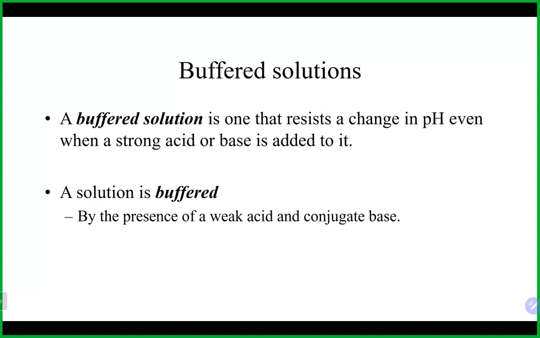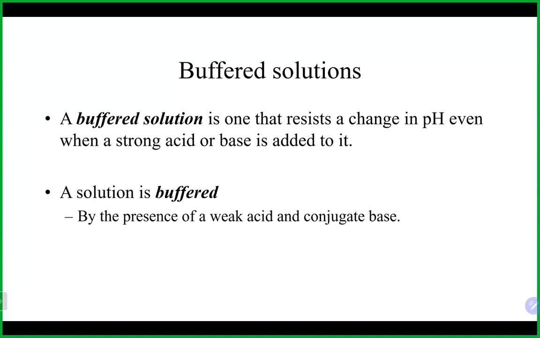So for example, if you started with a buffer that had a pH of 4 and you added some acid to it, the pH would remain near 4. Would it go down a little bit? It would. It'd probably go from 4 to maybe 3.9 or something like that. But it won't go from a pH of 4 all the way down to a pH of 1. So you won't have this really big jump in pH.